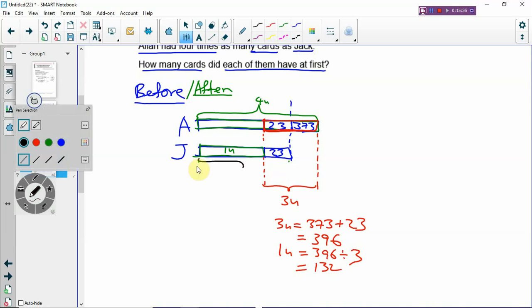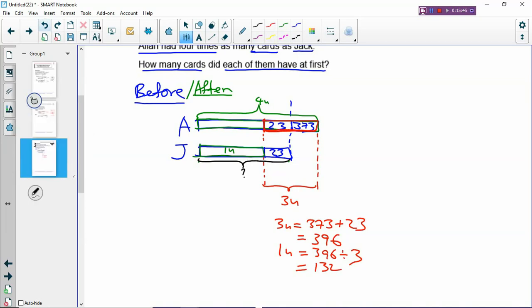You just take 1 unit plus 23. So 132 plus 23 will give you 155 for Jack at first. And of course, Alan will also have the same number. So each person has 155 cards at first, and you solve the problem.